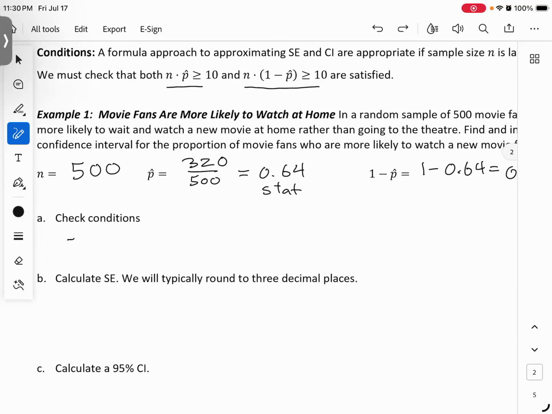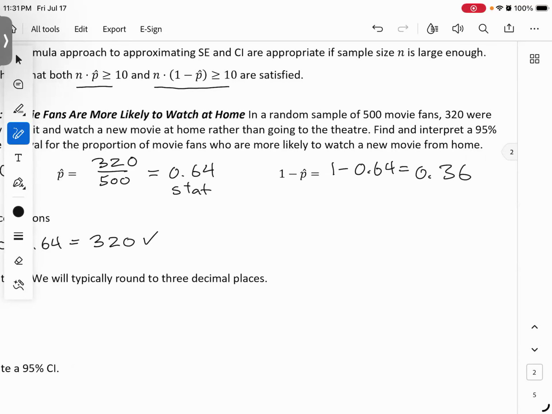And all that you're doing is just checking to make sure that when you calculate these two values, you get something that's 10 or bigger. And again, there's other conditions out there that, as you get deeper and deeper into statistics, you would need to focus on and be concerned about. But for us, this is primarily the furthest that we're going to go in terms of checking conditions. And look, boom, I'm going to put a check mark. Yeah, that's 10 or bigger.